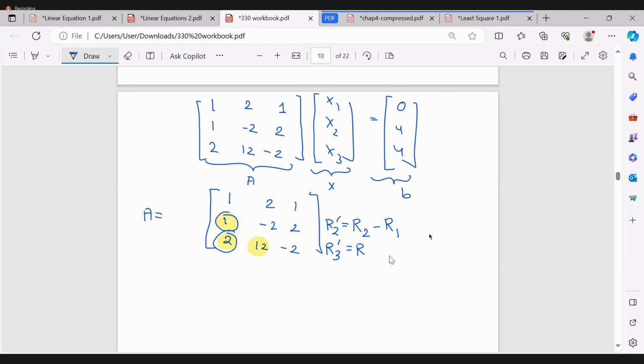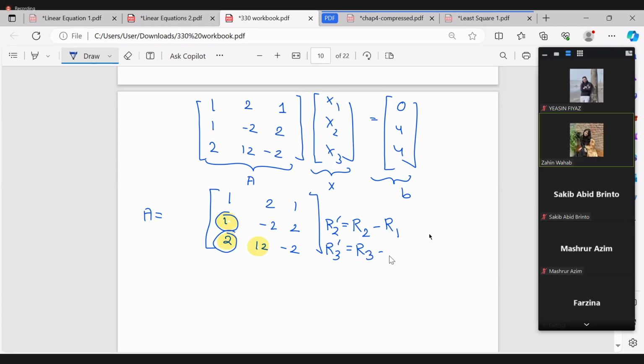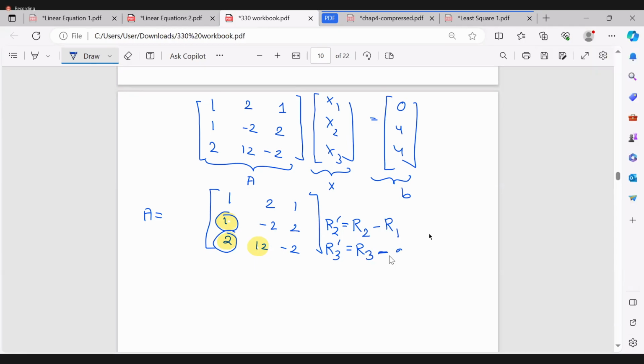So, what I was teaching, R3 prime is equal to R3 minus 2R1. So that will make the first two values in the first column 0.